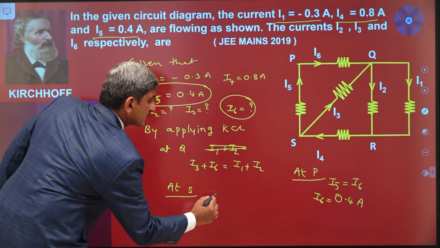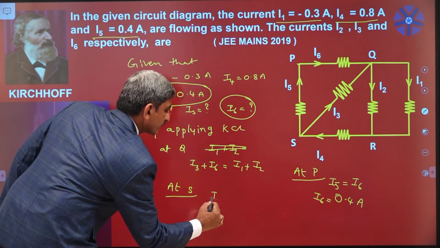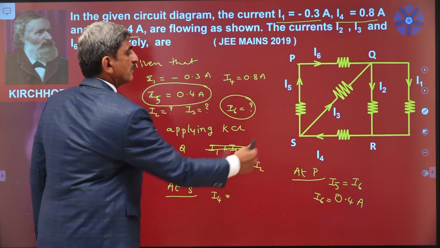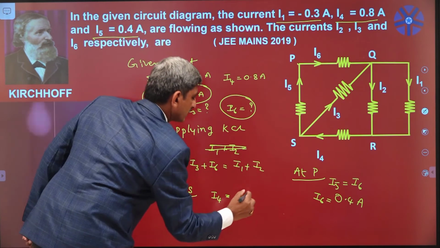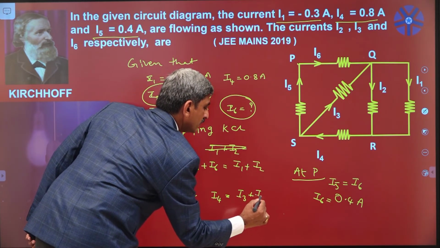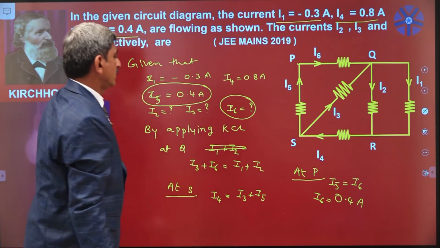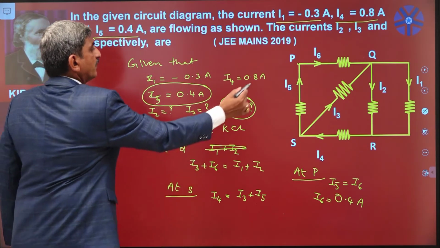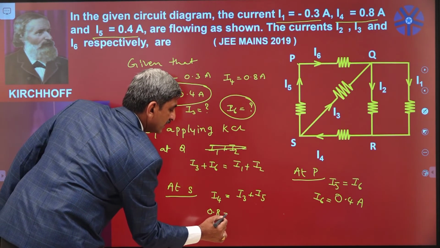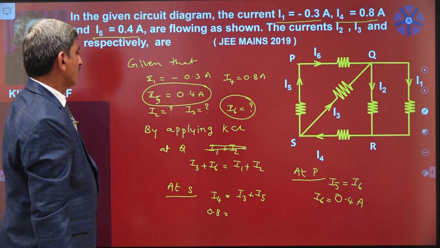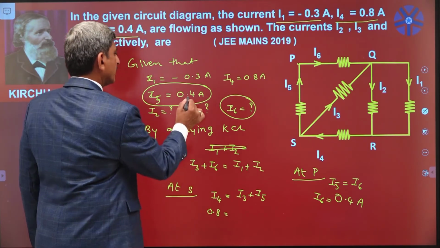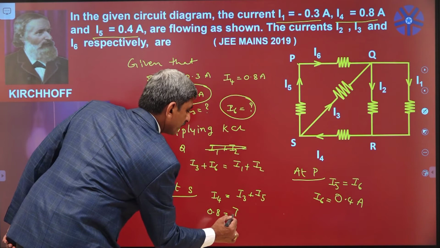So the sum of the currents flowing towards the junction, I4, is equal to the sum of the currents flowing away from the junction, I3 plus I5. So here, I4 is given, that is 0.8 is equal to I3 is unknown and I5 is given, that is 0.4 amperes.